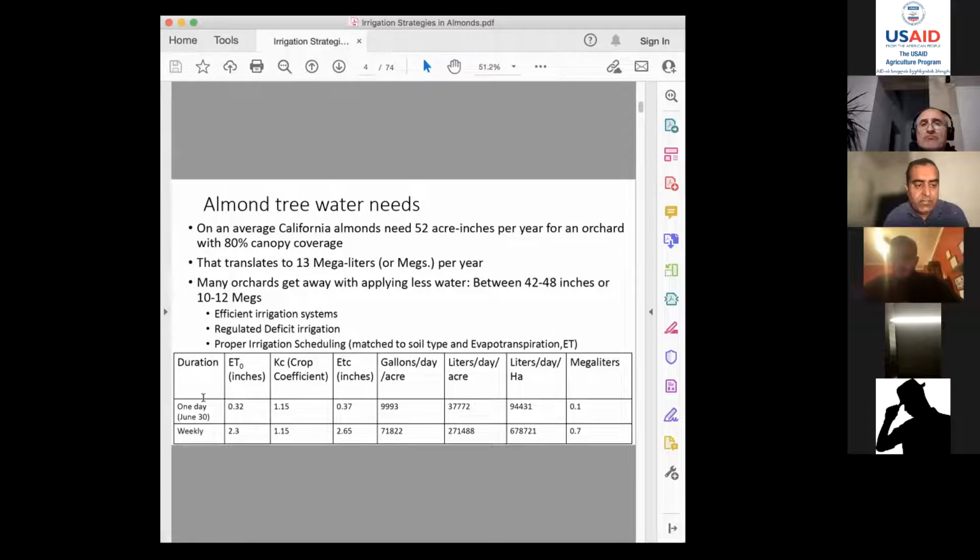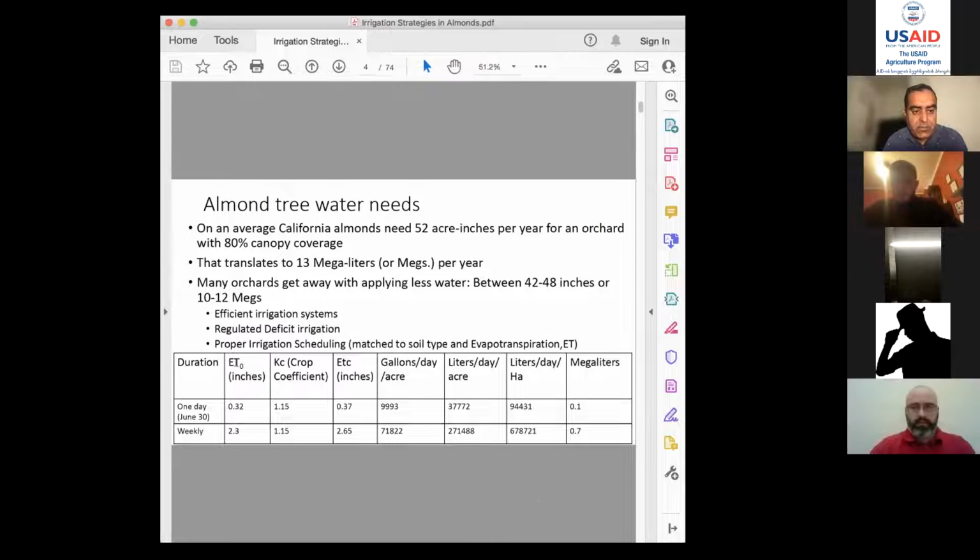This is one example calculation that I picked one day in June. And the evapotranspiration, I've experienced and I've seen in both in Georgia, particularly in Kakheti region, the daily evapotranspiration during the peak months of June and July, it's about the same in the Central Valley of California versus Kakheti region of Georgia.